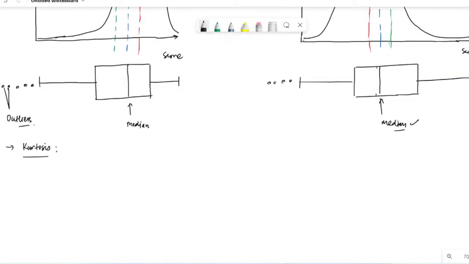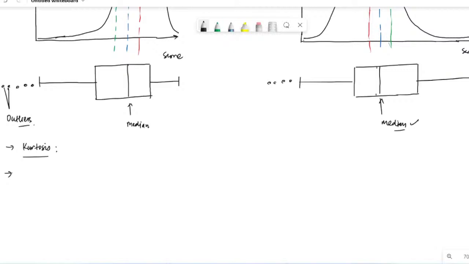Okay. This measure, kurtosis, basically measures the peakedness, the tendency of the data towards the center or towards the tail. So this is related to how we see the distribution and check the peakedness.